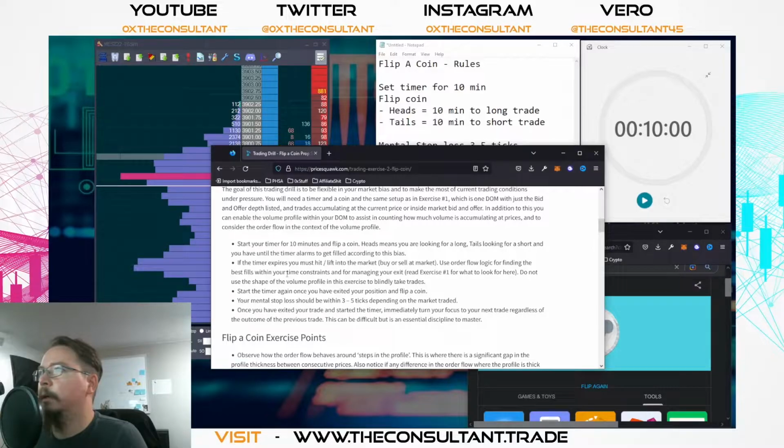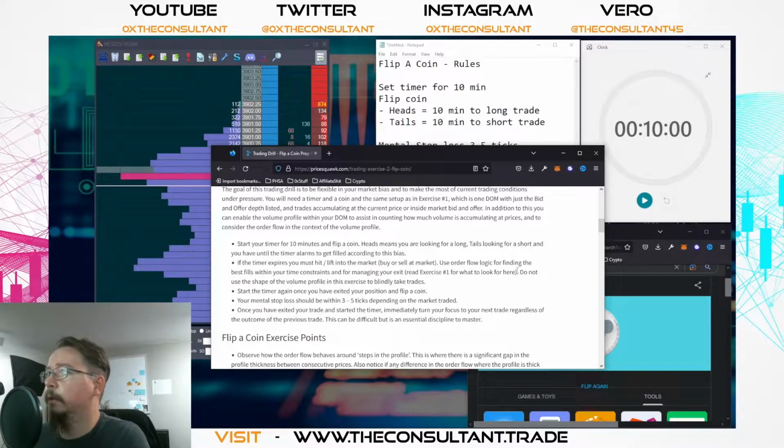So, let's see, if the timer expires, you must. So this is important. If you start the timer and you're supposed to take a long trade and you can't find a trade to take, you have to either hit or lift, basically just buy or sell at that moment.